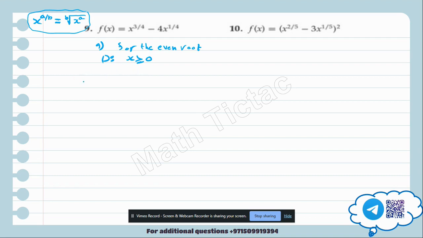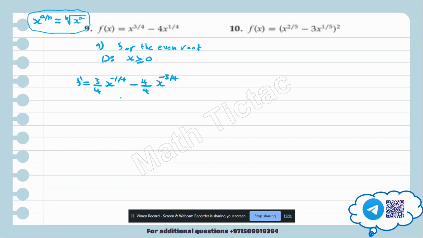So starting now with finding the derivative, f prime will be equal to 3 over 4 x to the power 3 over 4 minus 1, which is 4 over 4. This is going to be minus 1 over 4, and minus in here 4 multiplied by 1 over 4, multiplied by x to the power 1 over 4 minus 1, which is 4 over 4, and that's going to be minus 3 over 4.